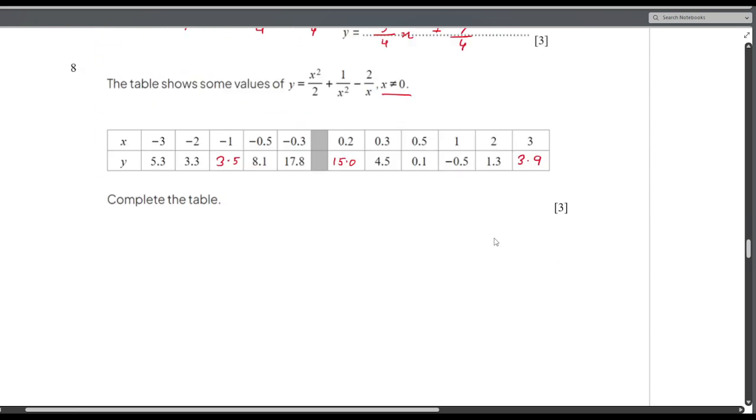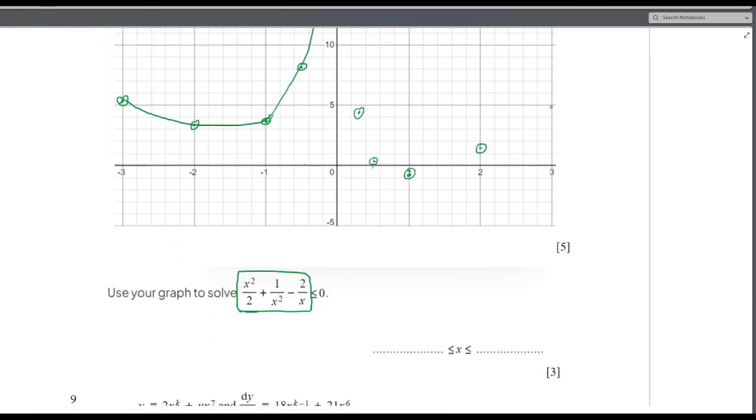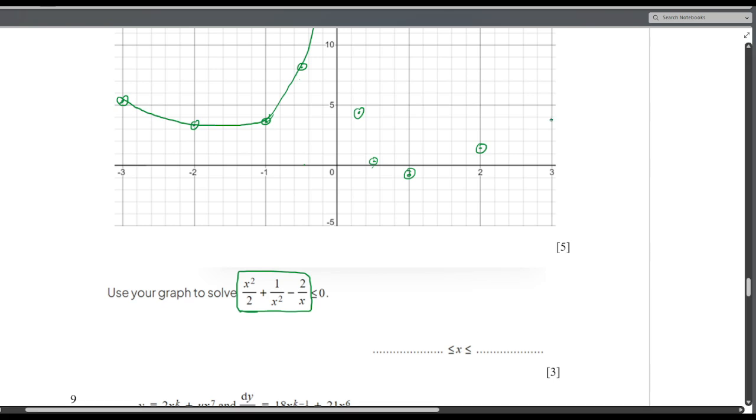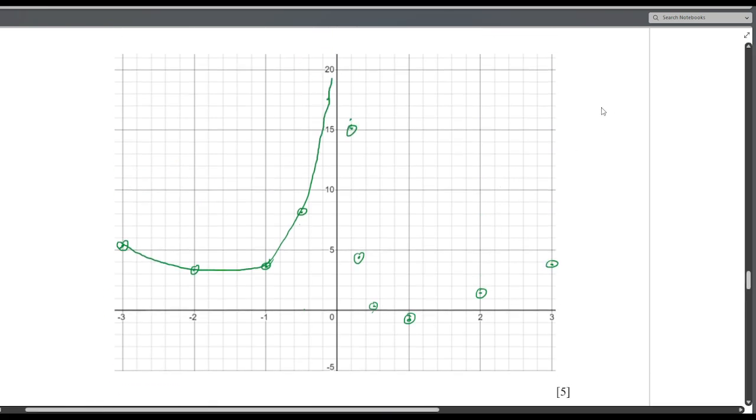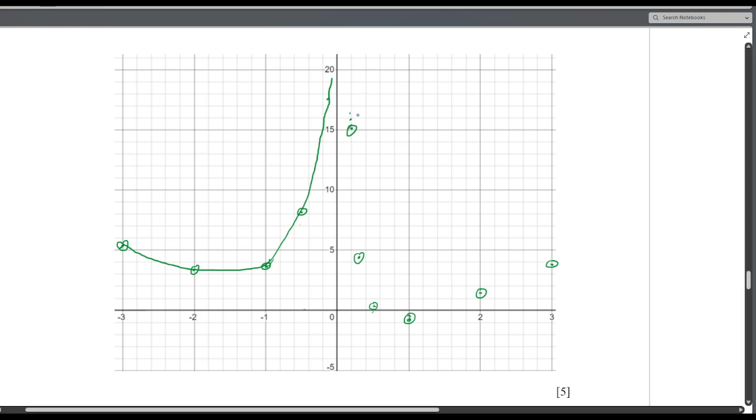And for 3 it is 3.9, so 1, 2, 3, 3.9 will be somewhere close to 4. Now these points also I will join with a smooth curve. So let us draw a smooth curve.